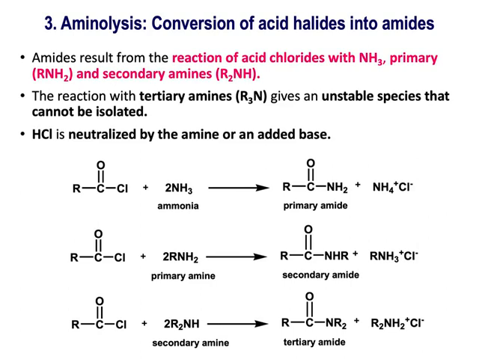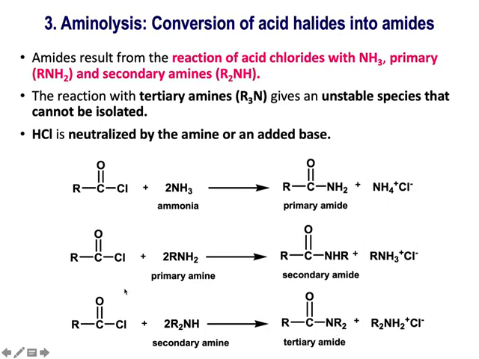Next, aminolysis. For aminolysis, acid chloride reacts with ammonia to form a primary amide. Acid chloride reacts with a primary amine to form a secondary amide. And the last one, acid chloride reacts with a secondary amine to form a tertiary amide.